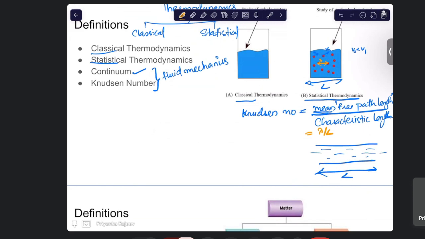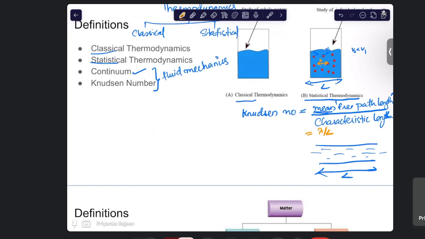For example, we are dealing with centimeters, millimeters, or meters, and at the molecular level the path length will be in angstroms. Angstrom is 10 raised to minus 10 meters. That is a huge difference, with several zeros after the decimal point.